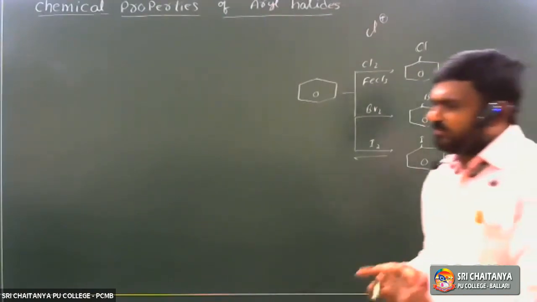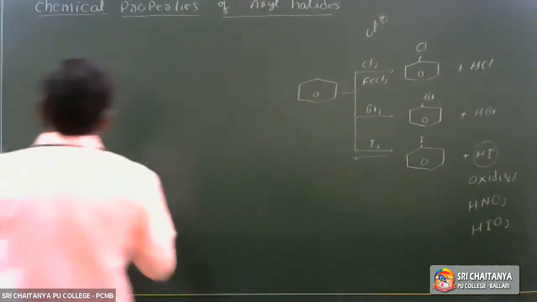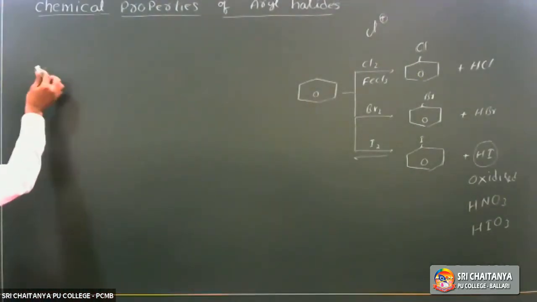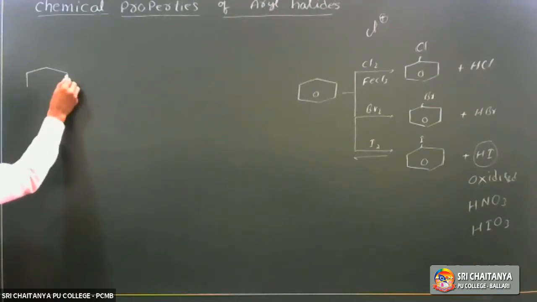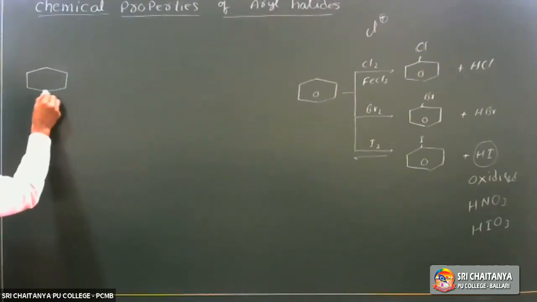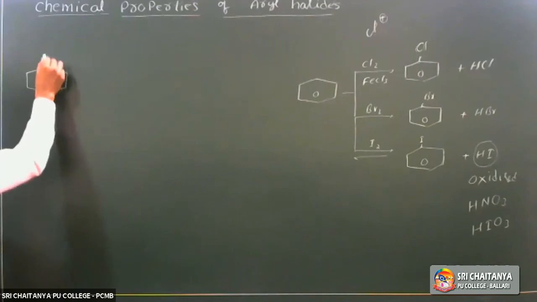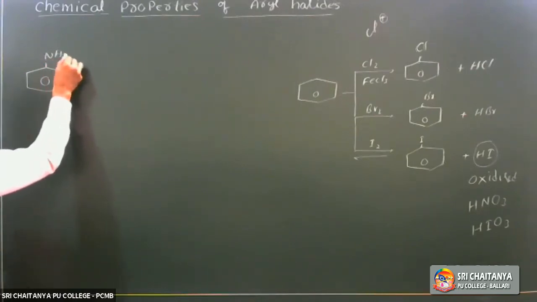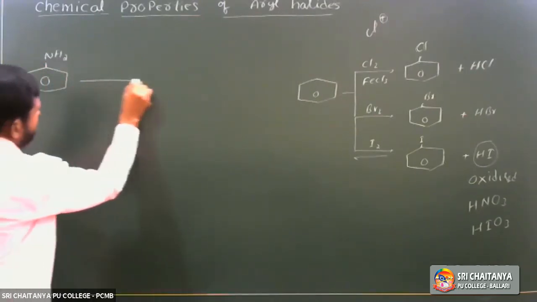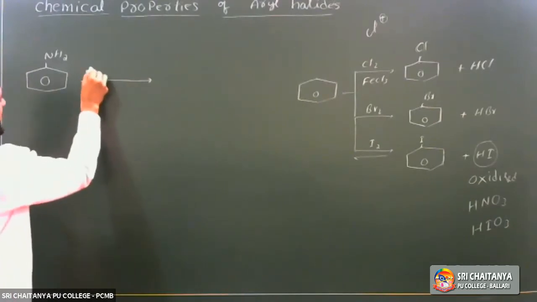Next, the second one is from benzene diazonium chloride. How is benzene diazonium chloride prepared? It is prepared from aniline. Aniline reacts with nitrous acid.